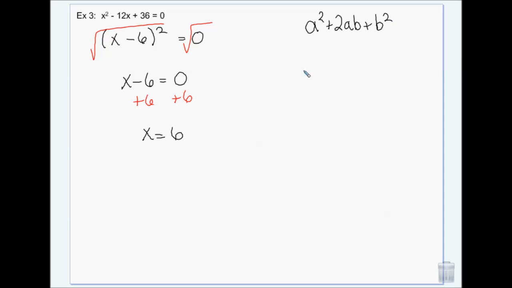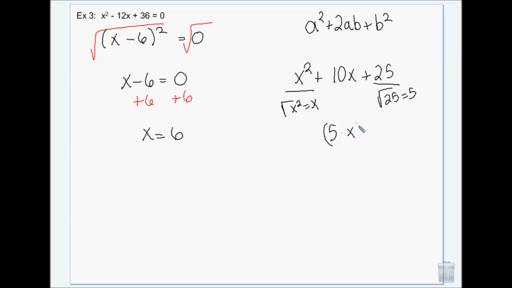So if I have this, the way I can tell this is a perfect square trinomial, the square root of x squared is x. The square root of 25 is 5. And if I multiply those two things together and multiply it by 2, I get 10x, which is my middle term.